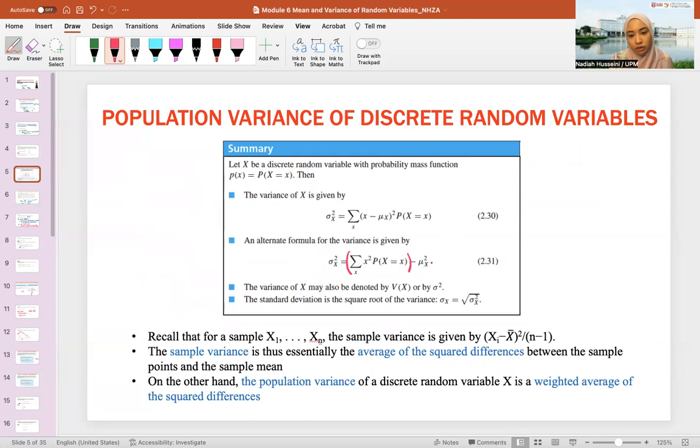This part is not part of the summation. That was my mistake. You need to keep in mind that you take the squared x times the probability, sum it all up, and only then you minus the squared mean. Okay, so I hope that's clear.